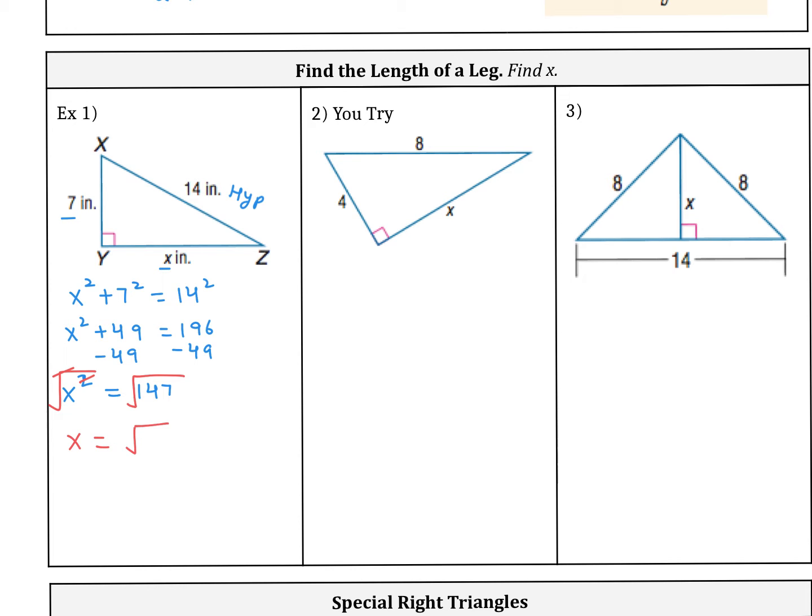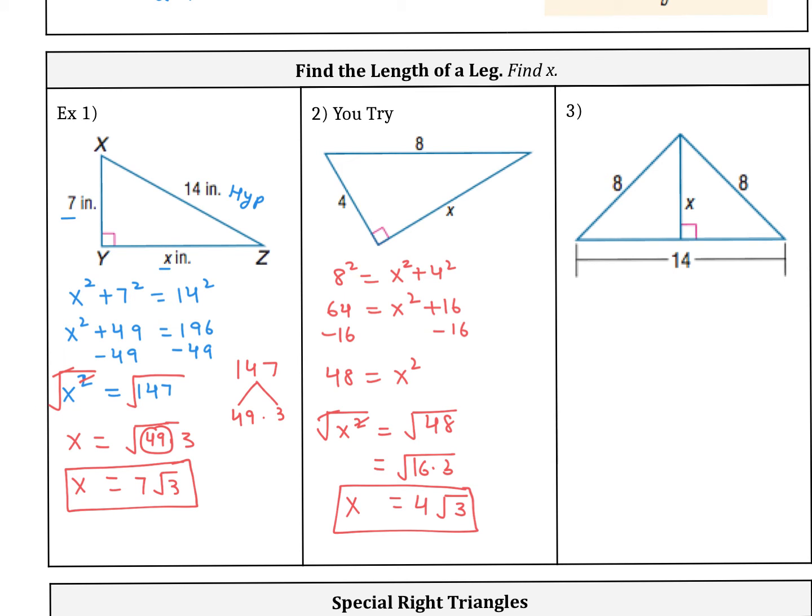And this is going to be 49 times 3, because 49 times 3 is 147. When you take the square root of 49, that's 7 outside, and inside you remain with 3. So x equals 7 square root 3.